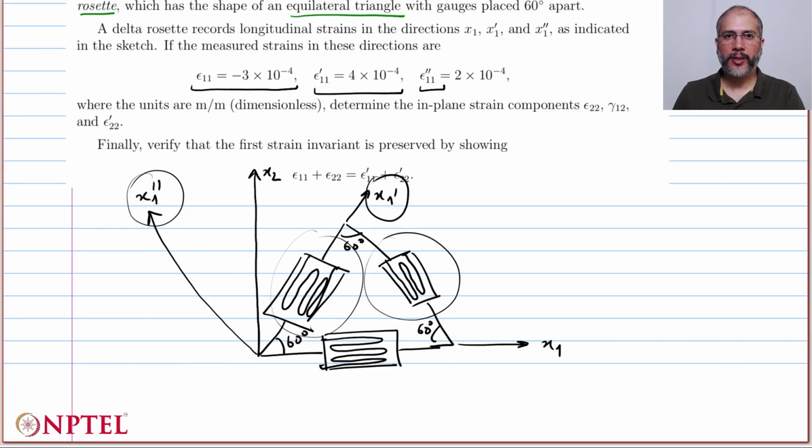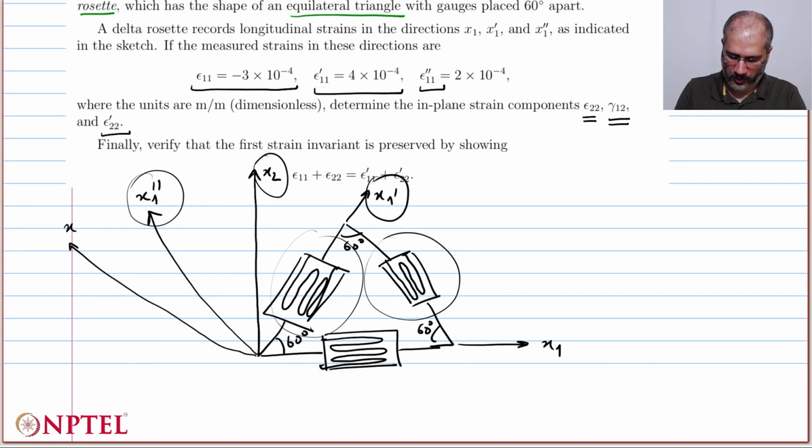So using these three longitudinal strains measured by the strain gauges, we have to find the values for epsilon 22, which is a longitudinal strain in this direction, gamma 12, which is engineering strain in the 1-2 plane, and epsilon 22 prime, which is at 90 degrees to x1 prime here, so that is this direction. So let us solve the problem.